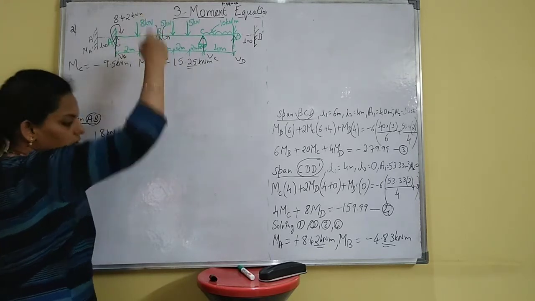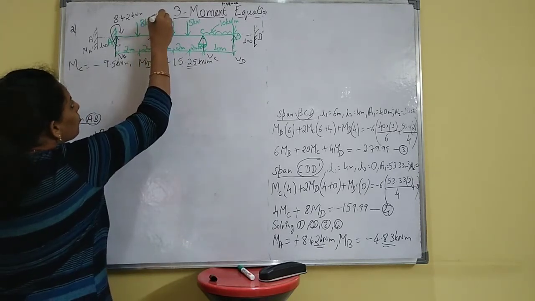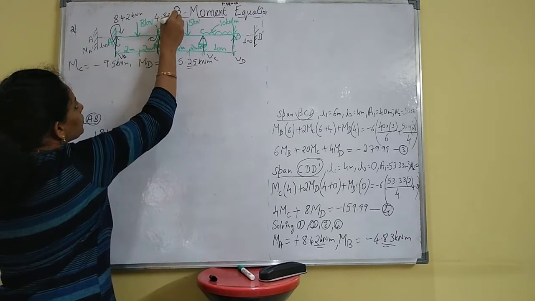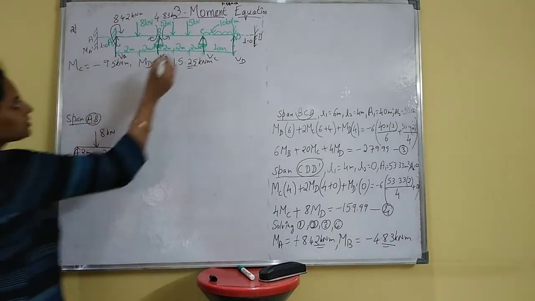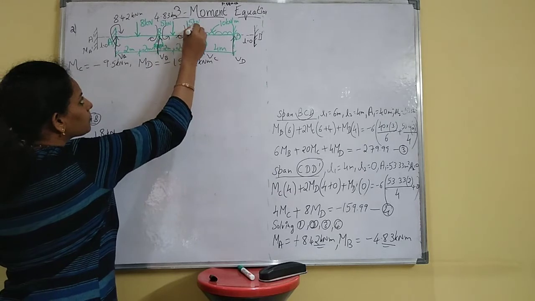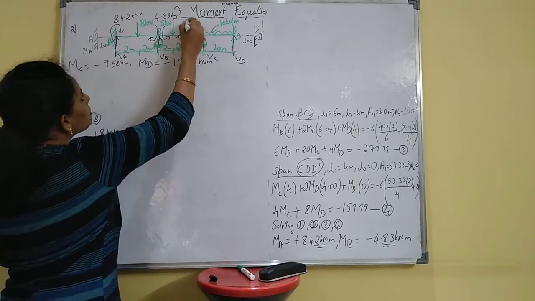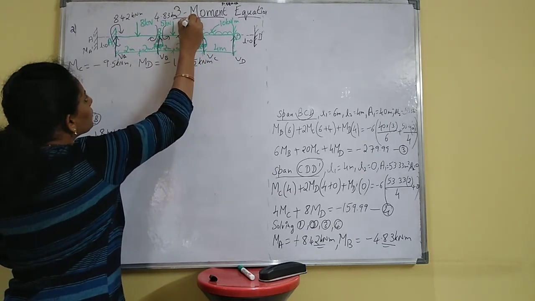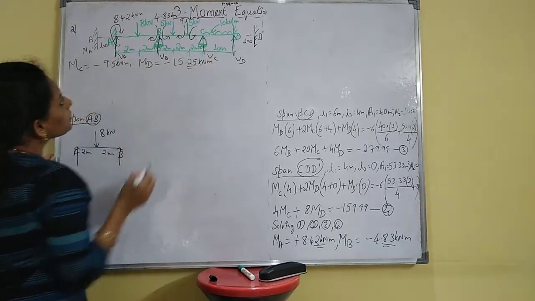Here negative, positive, so it will be plus 4.83 kilonewton meter. Next, MC is again negative, hogging, 9.5 kilonewton meter.